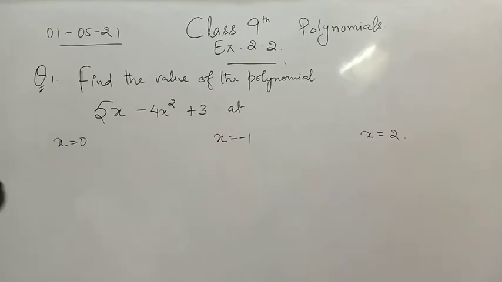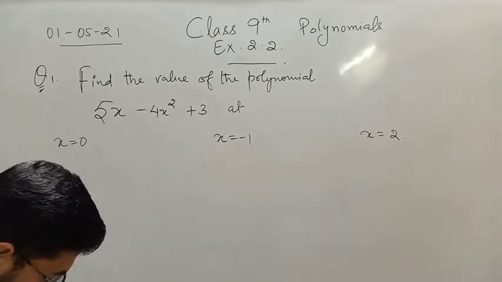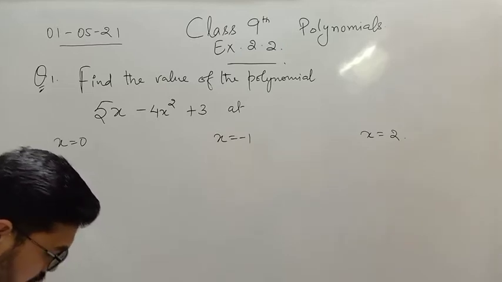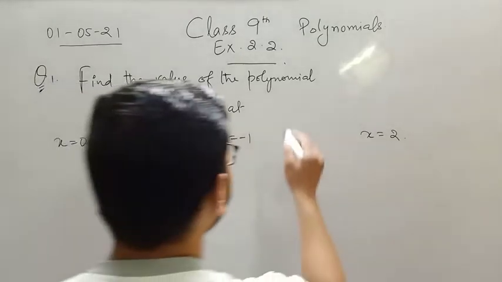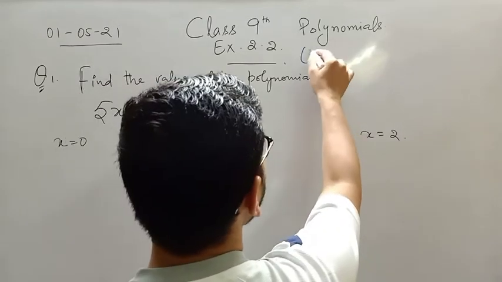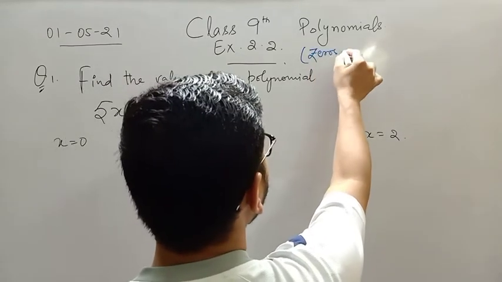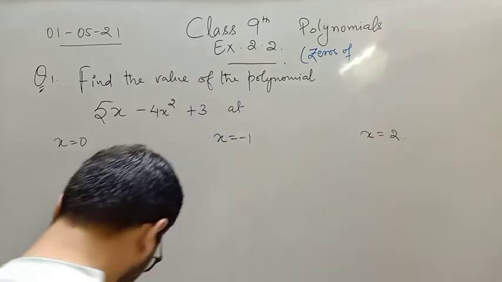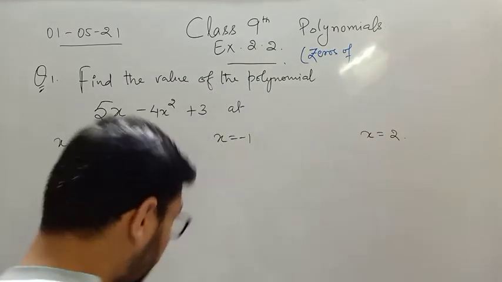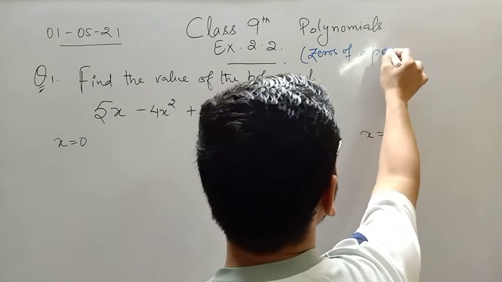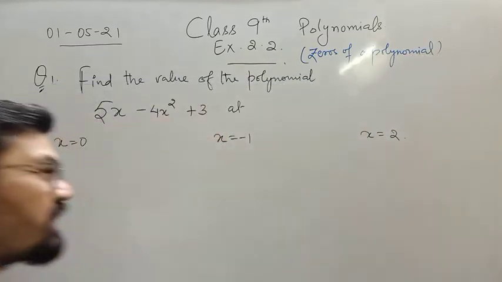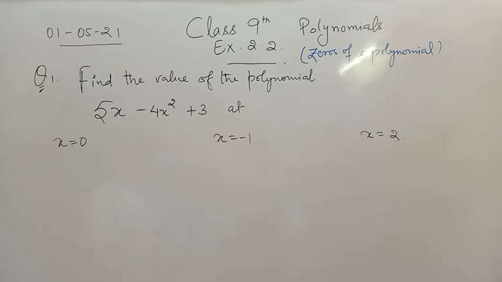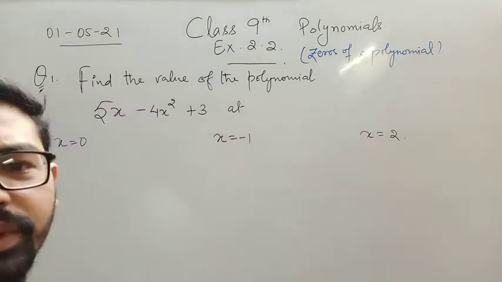Now the next exercise is 2.2, where I'm going to cover the topic zeros of a polynomial. So what are zeros? Zeros are nothing but the solution of a polynomial.